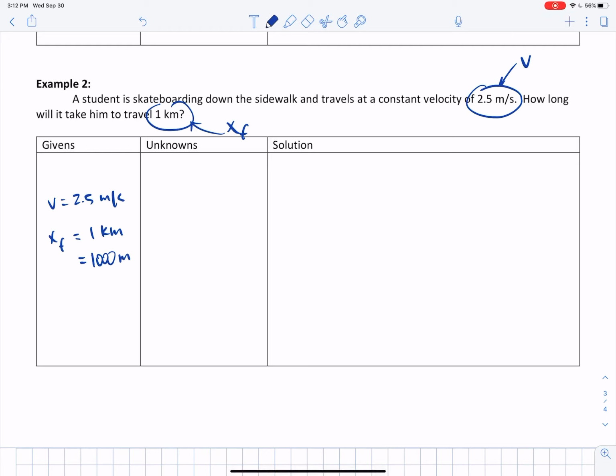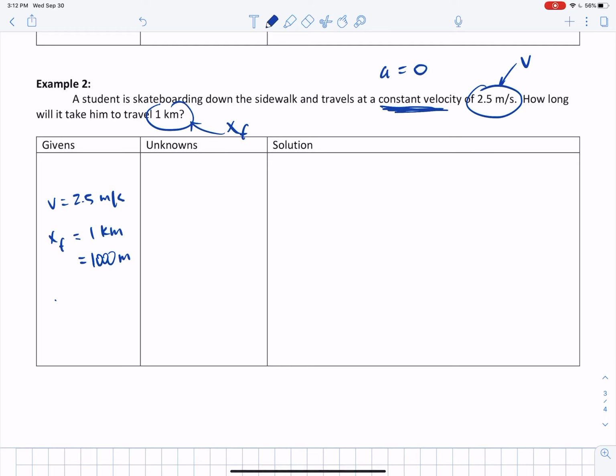And then, oh man, there's a hidden given in this one. The hidden given, if I think carefully, is in the idea of a constant velocity. Well, if you're moving at a constant velocity, you're not speeding up, you're not slowing down, you're not even turning. So by definition, that means that your acceleration is 0.